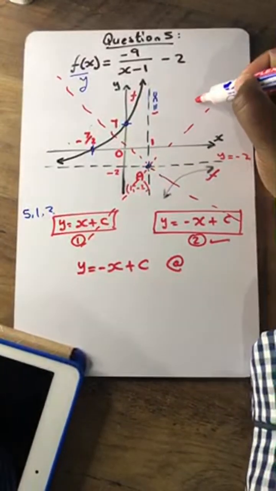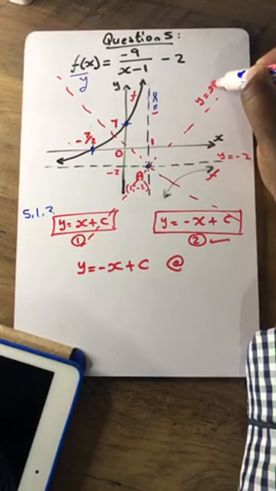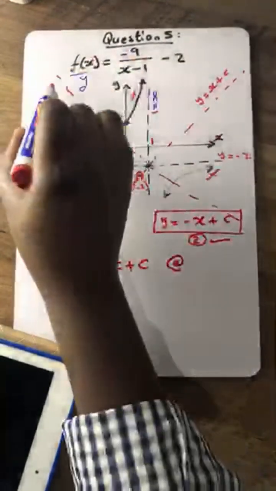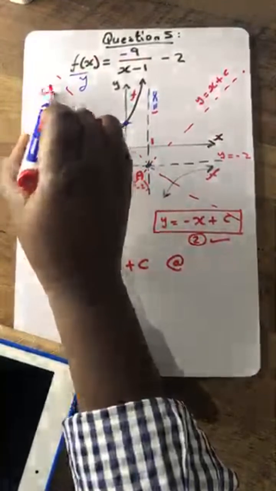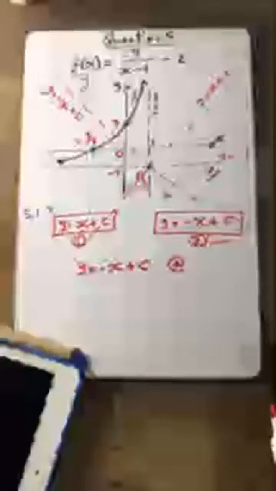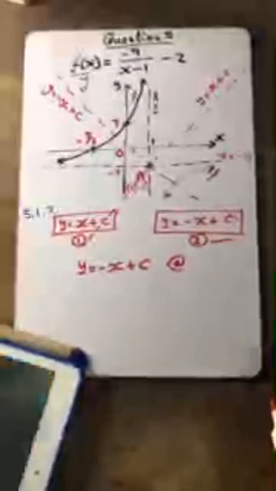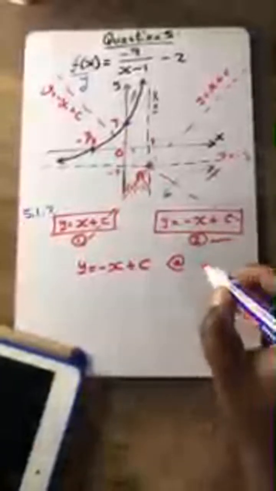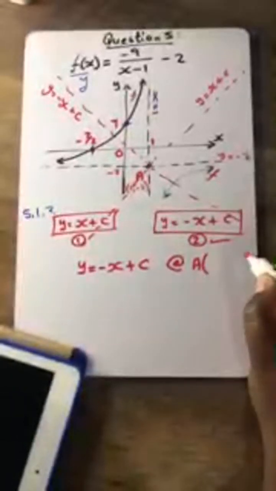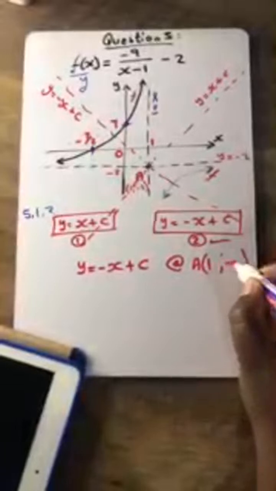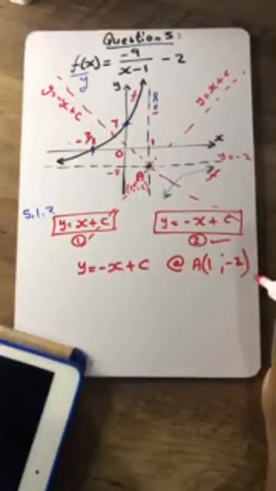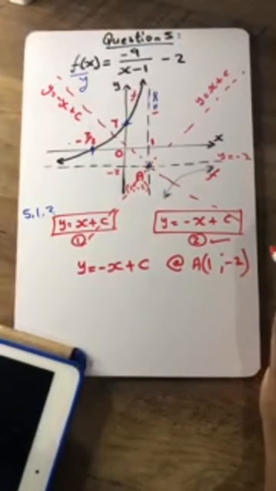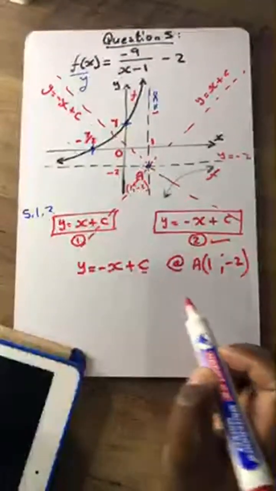You have this one with a positive gradient, and you have this one with a negative gradient. And the one that the examiner is talking about is the one which has a negative gradient. So that means you're just going to say at that point A having 1 and negative 2, all that you need to do is to find the c value.